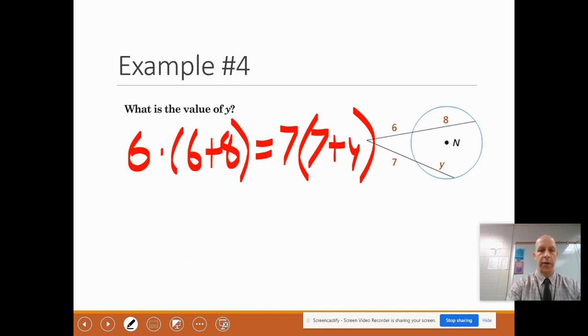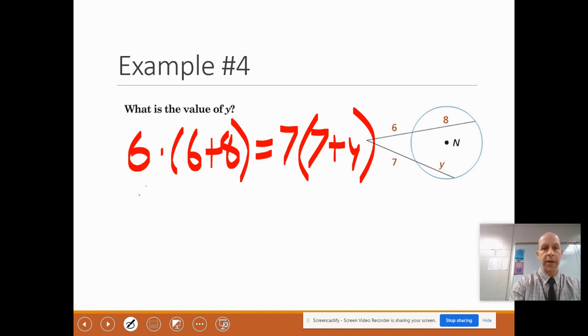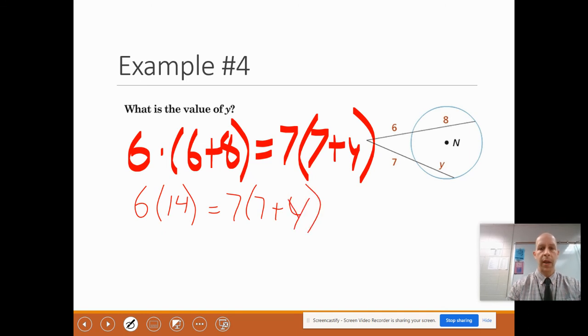And so there's our equation. Now we can go ahead and solve this. Go ahead and get back to the regular pen. So we are going to have 6 times 14 equals 7. I'll just leave the right side alone. This is a y. So we got to do 6 times 14.